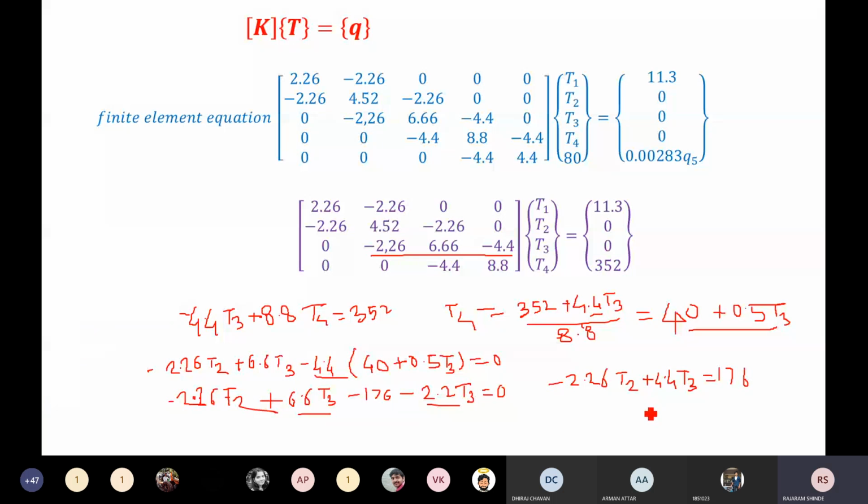T3 equal to 176 plus 2.26 T2 divided by 4.4. Is it correct? Have you got up to here?